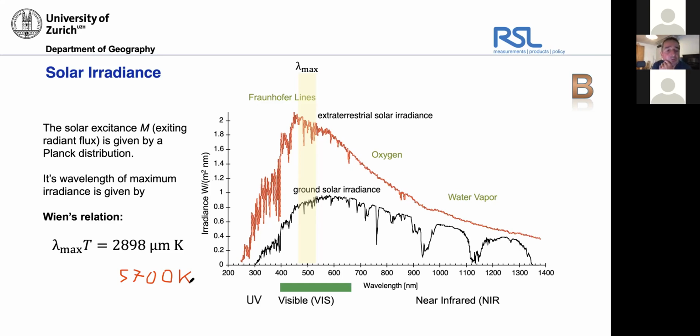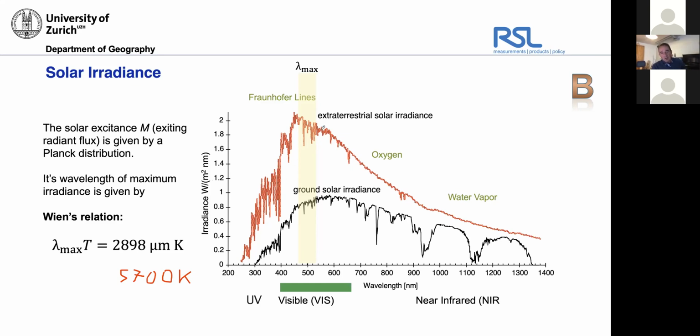It's 2,900 divided by 5,700, roughly 0.5. So the maximum wavelength is 0.5 microns. That's why we get this maximum around 0.5 microns.